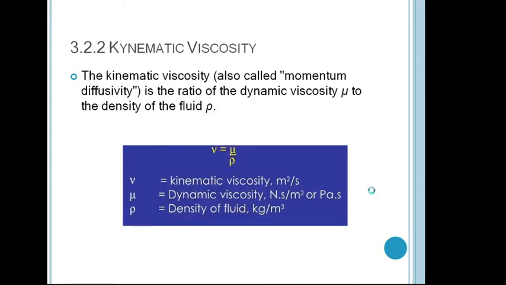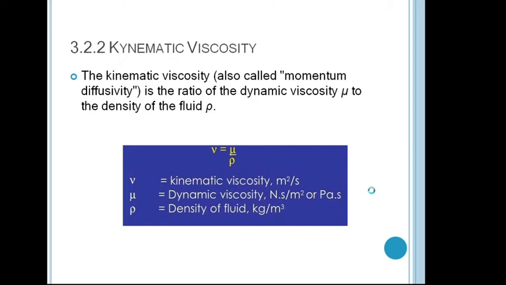The next type of viscosity is kinematic viscosity. Kinematic viscosity is the ratio of dynamic viscosity mu to the density of the fluid rho. So the formula for kinematic viscosity is nu is equal to mu by rho, where nu denotes the kinematic viscosity, having units meter square per second.